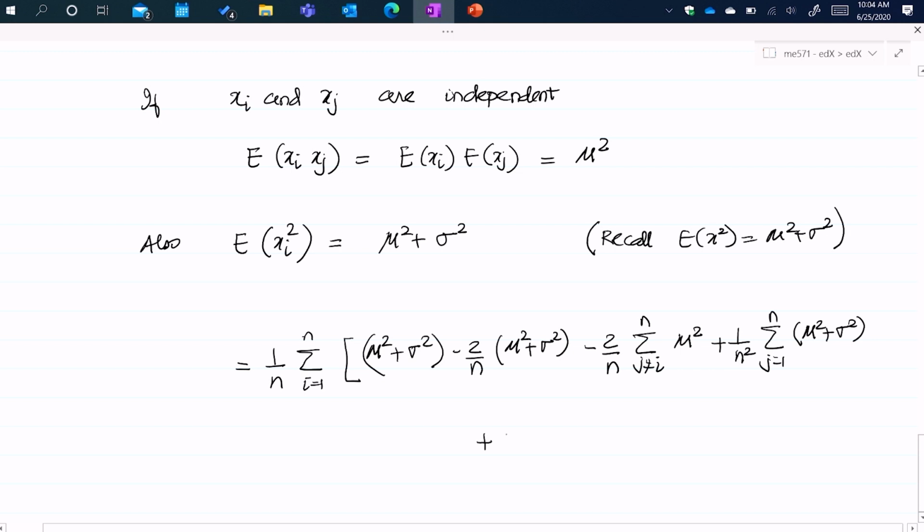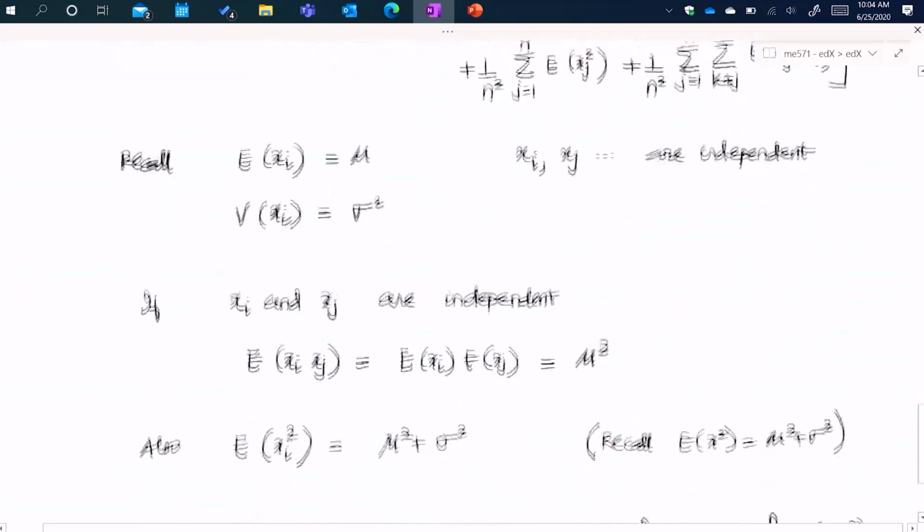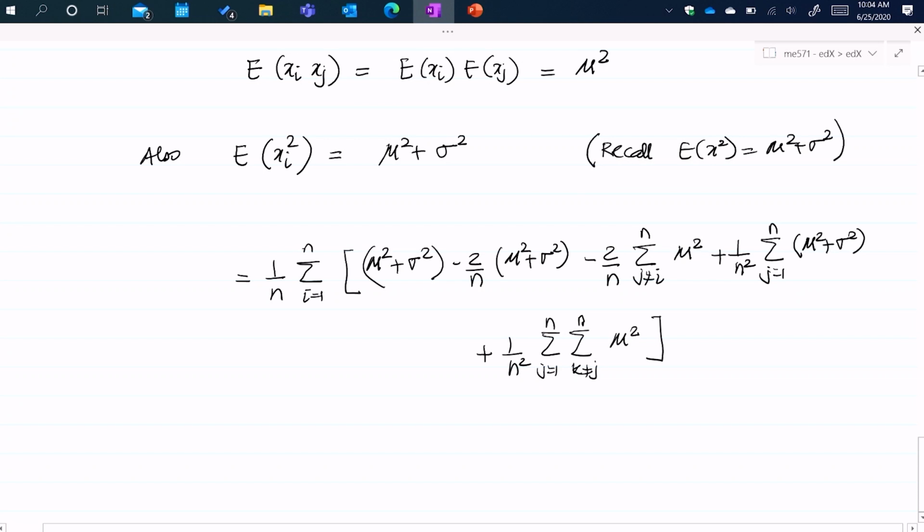The last term is 1 over n squared summation j going from 1 to n, summation k not equal to j going up to n, of the expected value of xj xk, which I can write as mu squared. And you go ahead and simplify all this, and when you simplify all this, you should get n minus 1 over n times sigma squared.